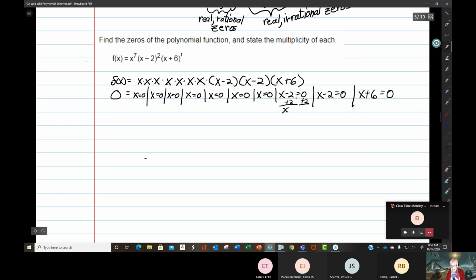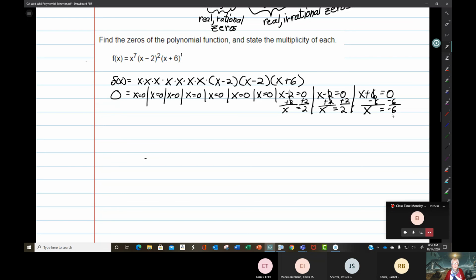So I'll get x equals 2. Same thing here, plus 2 plus 2. Those zero out, so I'll have x equals 2. And finally, over here, I will subtract 6 from both sides. 6 minus 6 is 0. x equals negative 6.